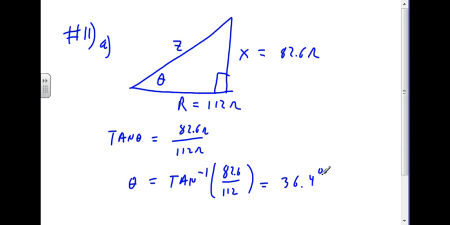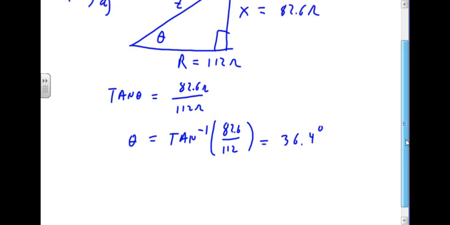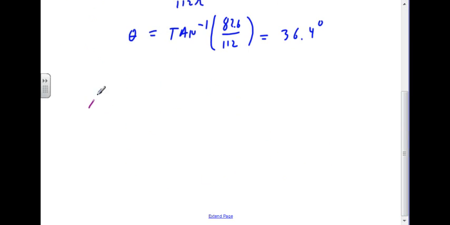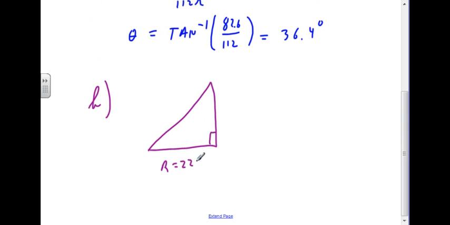B, if the resistance is 225, find the phase angle. Okay, so the resistance is 225. We're going to do it again. The reactance stays the same.